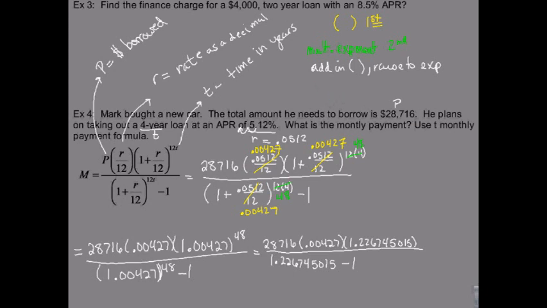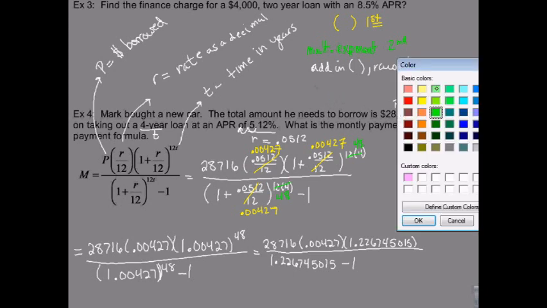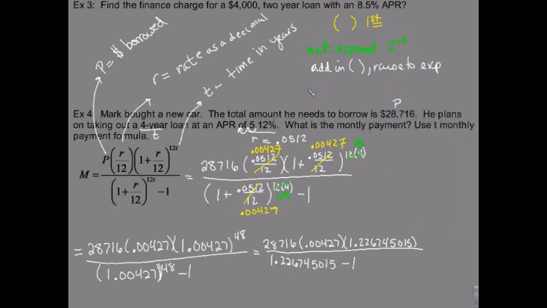Next, multiply across the top. So we're just going to multiply all three of these things together across the top.